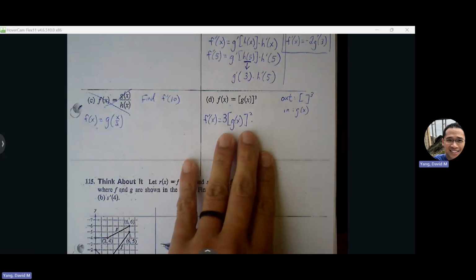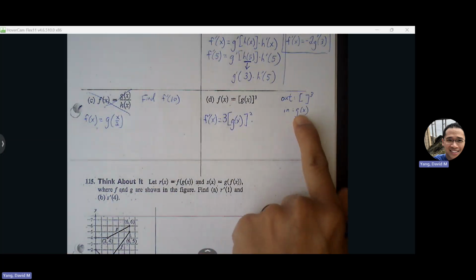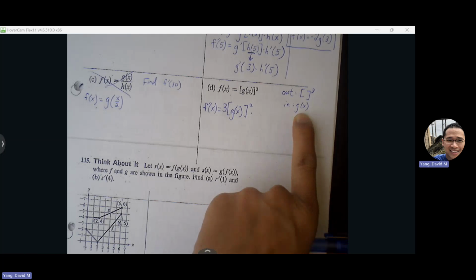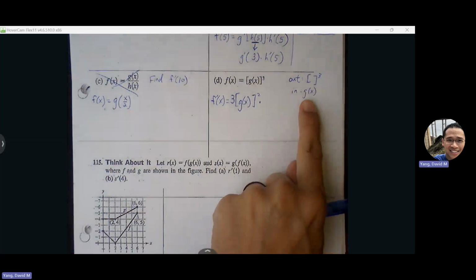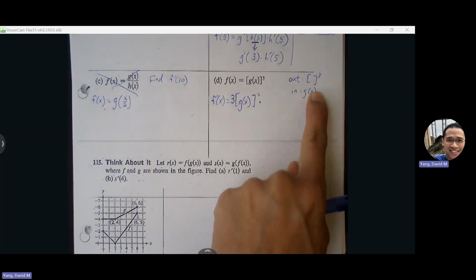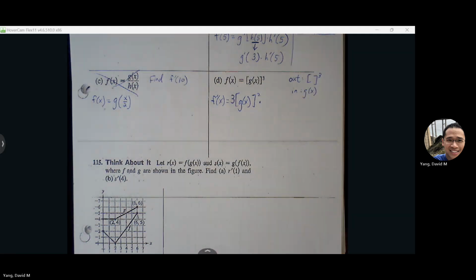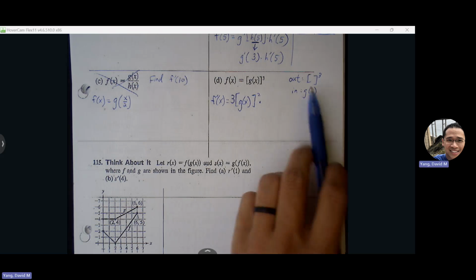Now we're done with the outside portion. Now we move on to the inside. But the inside is in function notation, so what's the derivative of g of x? Well, this is in function notation, right?